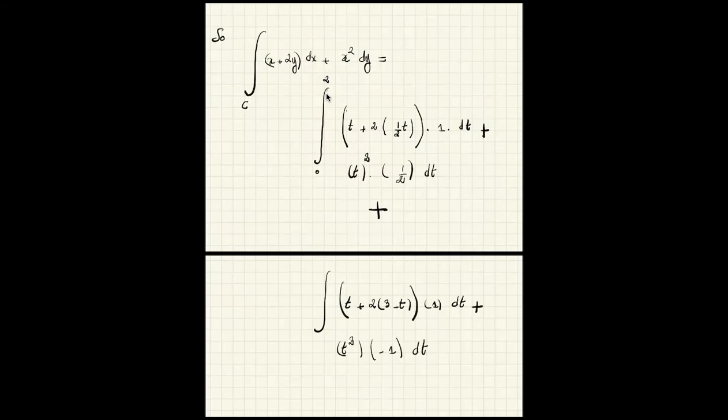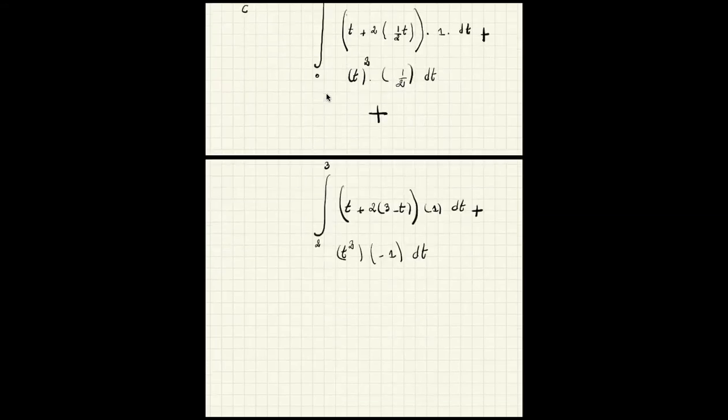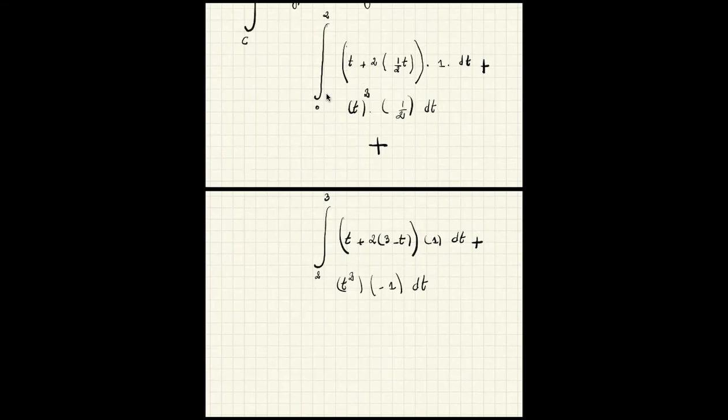Yeah, so that's how we compute. And now the curve C2 is parameterized by t with the range that goes from 2 to 3. Once you have done it, that's it. It's only a matter of calculus.